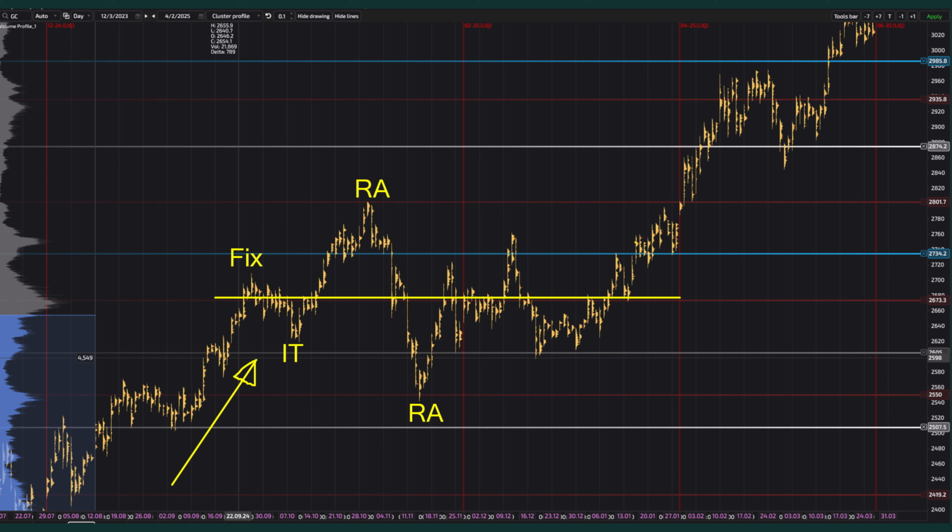Then again, let me add text here. Then what happens next? Again, we see push through rotations. Here, push through rotations. And then we see repositioning, all right? This is the balance, repositioning.